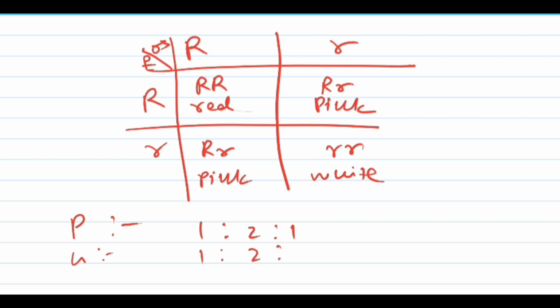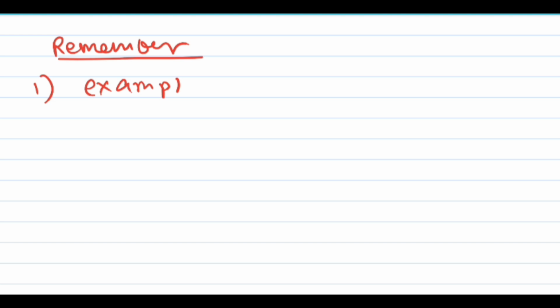Again 1:2:1. So now I told you that this topic is important for boards and NEET, and in what sense they are important. What you need to remember, first of all, remember the examples. That is, I told that it's Mirabilis jalapa, 4 o'clock plant, and Antirrhinum majus, snapdragon. Remember these examples.